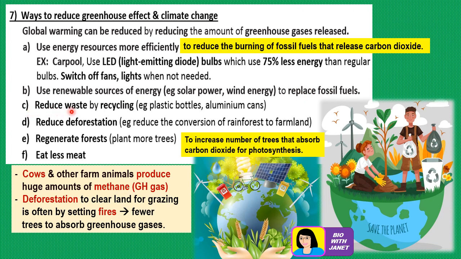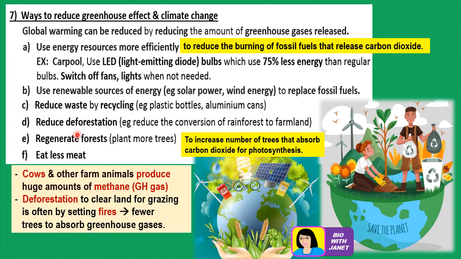Thirdly, reduce waste by recycling. For example, recycling plastic bottles and aluminum cans. So when we recycle these items, actually to produce the new item through recycling uses less energy than if we were to produce these plastic bottles or aluminum cans right from the start, from the raw materials. So this will reduce the amount of energy needed to produce the items.